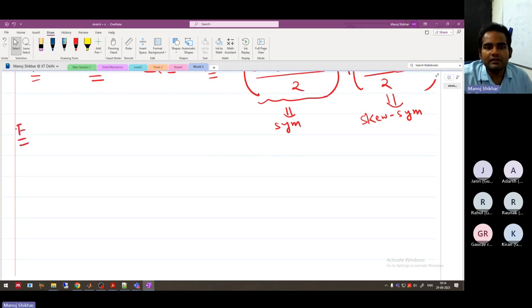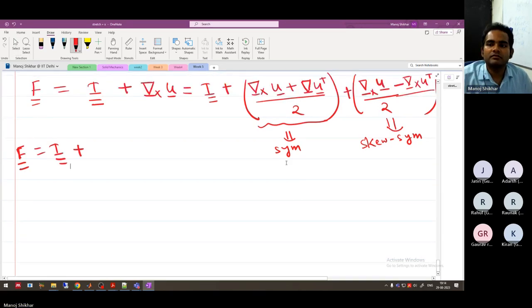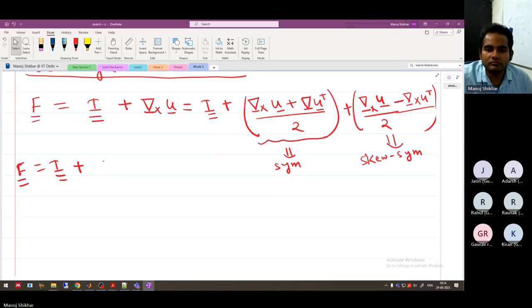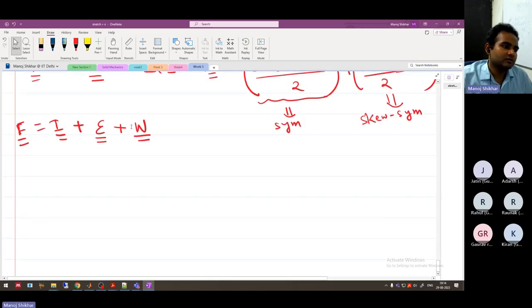So F is written as I plus, what is this? This is the strain tensor, epsilon. And what is this? We denote this by W. Okay.